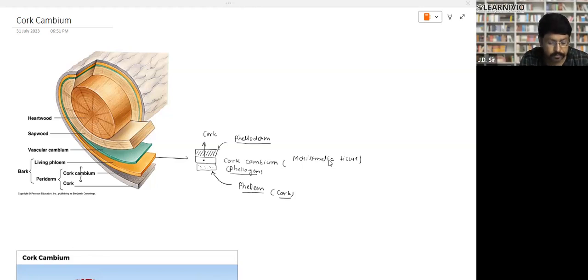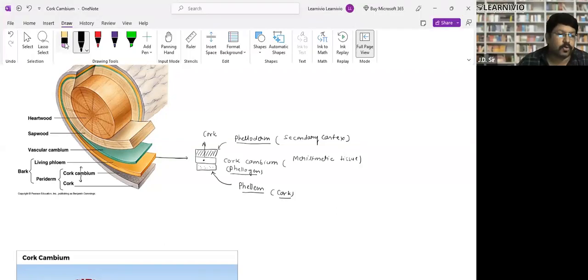The secondary tissue produced on the inner side are called phelloderm. They are secondary cortex tissues.